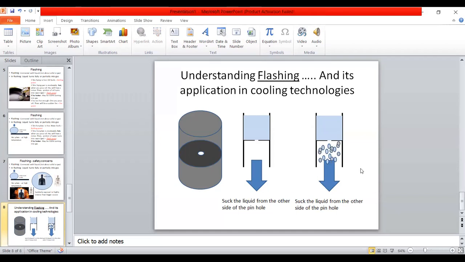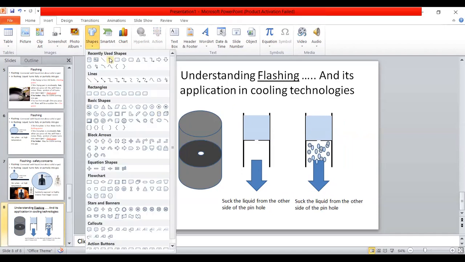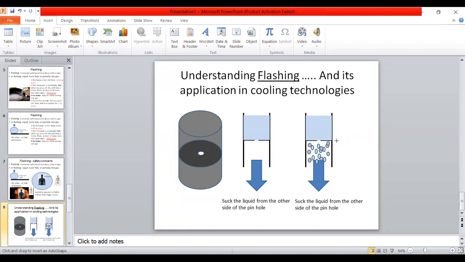So this is the situation. So if I take this, for the continuous flow, let's say there is sufficient. So you can see this. Liquid and vapor.